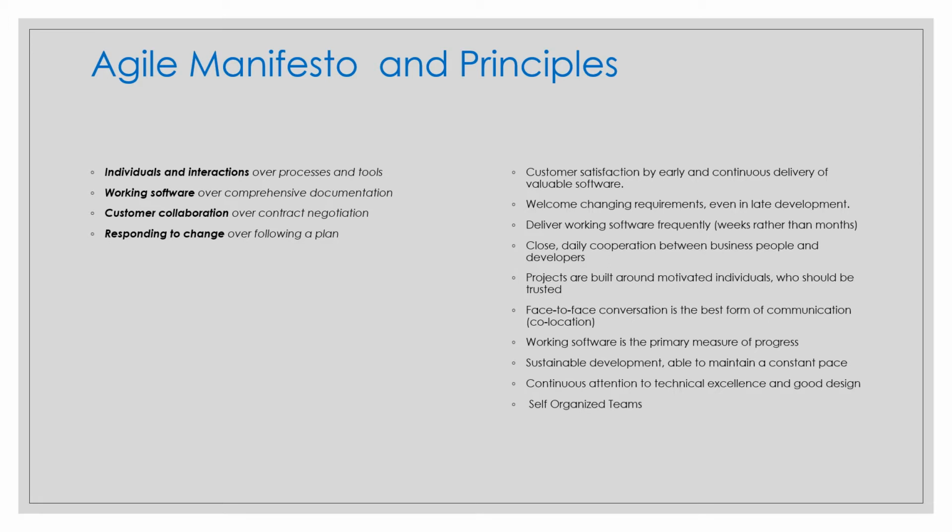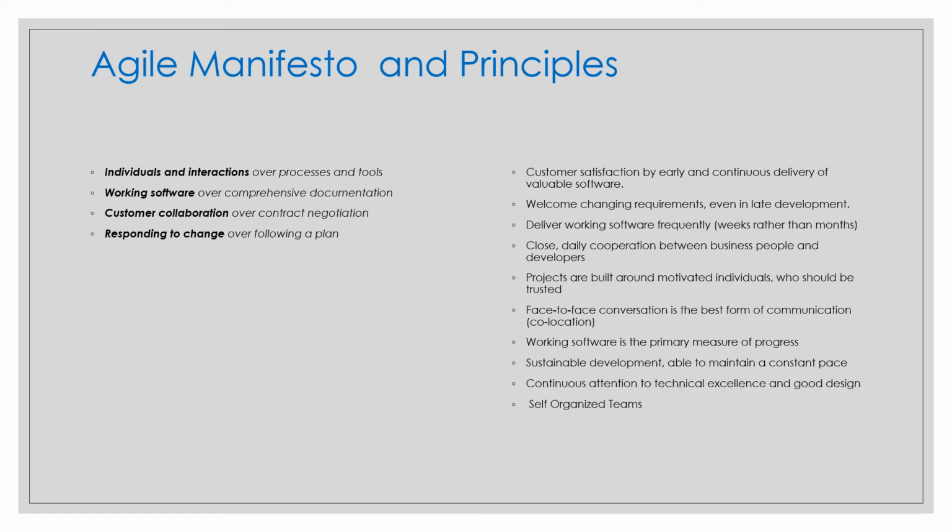Okay, now we will quickly look at the principles of Agile. In the Agile principles, what comes in? First, we have customer satisfaction and continuous delivery, fastest delivery and feedback.